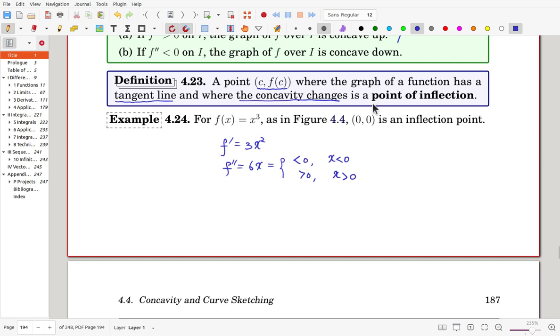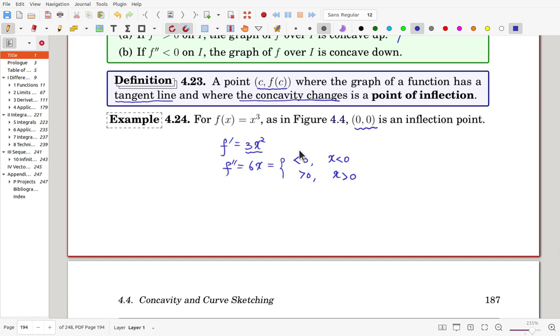So at the point (0, 0), the concavity changed, and also at 0 the derivative exists, so we can find the tangent line.